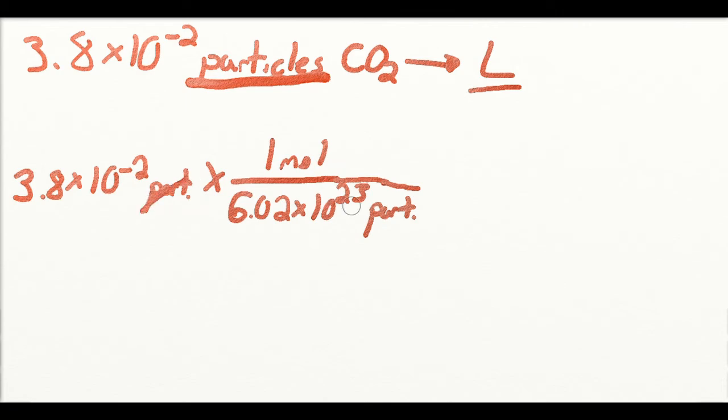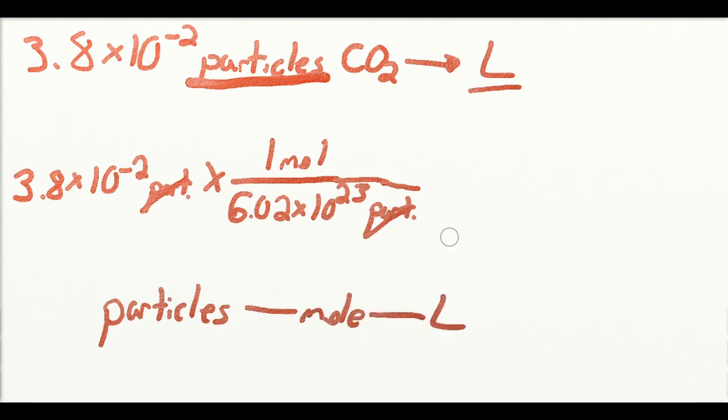The particles will cancel off each other, but we do not want to stop at the mole because we want to go from particles to the mole, then finally to liters.